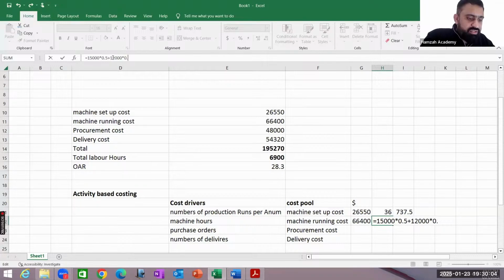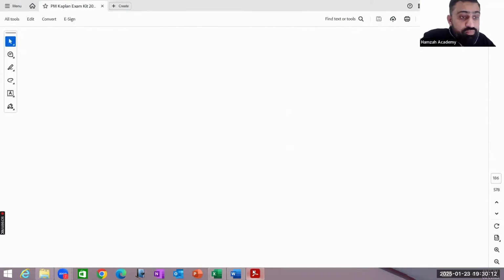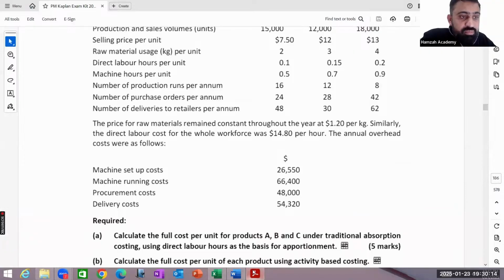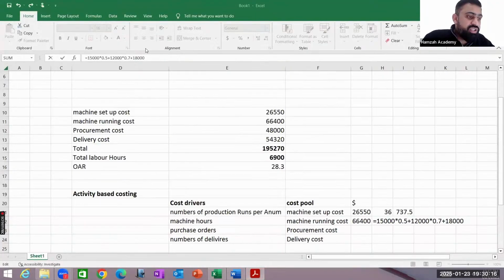And for product C, the production would be 18,000, and per unit requires 0.9 machine hours.